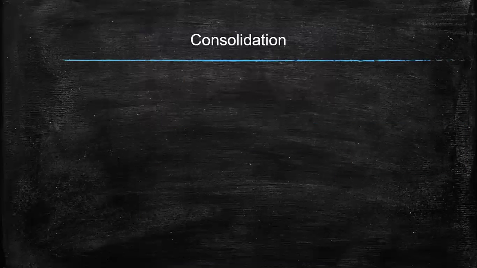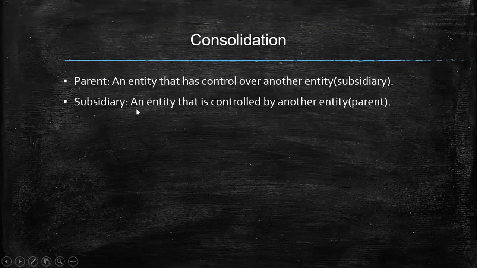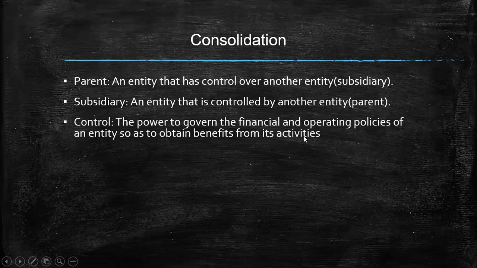In such a scenario, you have to perform consolidation, where you have a parent, an entity that has control over another entity, a company that has control over another company, and then you have a subsidiary, which is the entity being controlled by the parent.